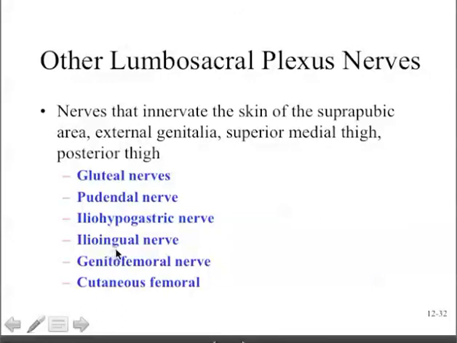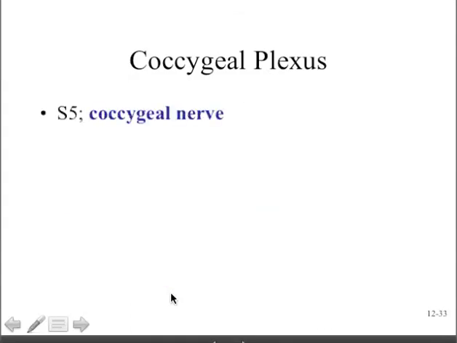The ilioinguinal nerve, the inguinal region is the groin. Okay, so this is going to run between the ilium and the groin. The genitofemoral is going to run between the genital area and the upper leg, the femur, and the cutaneous femoral is going to run near the femur. Okay, so the names can again give you an idea of the location of the different nerves.